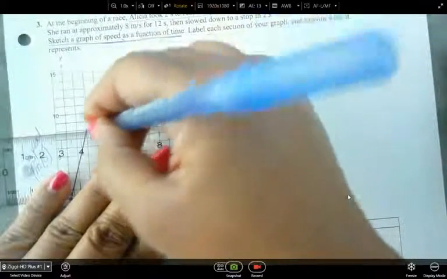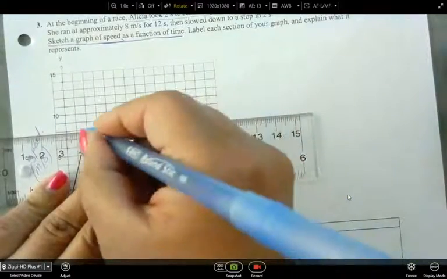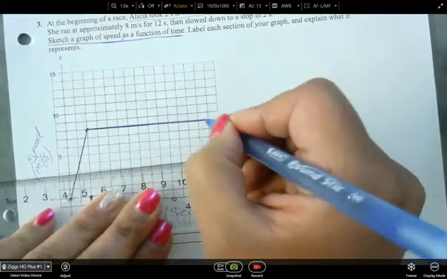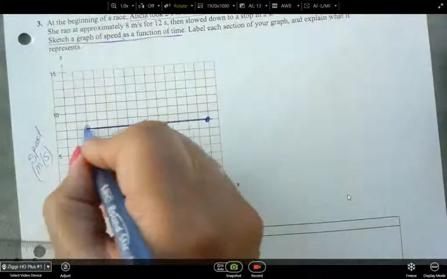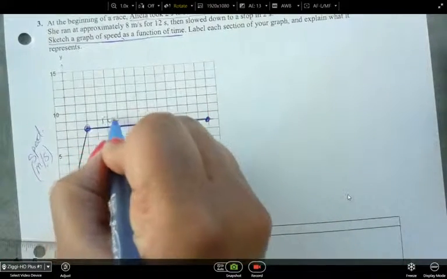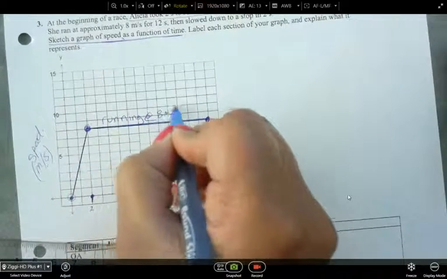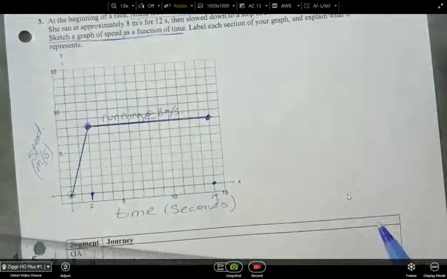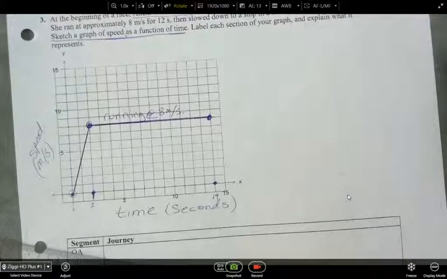All right, so that goes right up to here. So from here to here, she is running at 8 meters per second for 12 seconds. Her speed is constant, right? And now my line is horizontal because nothing's changing.